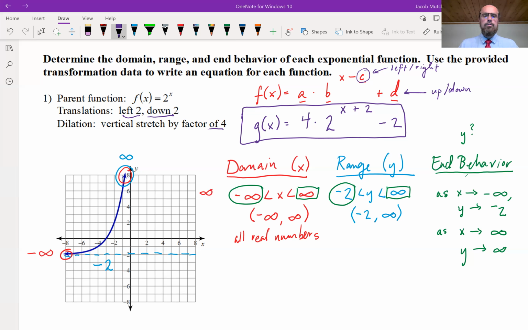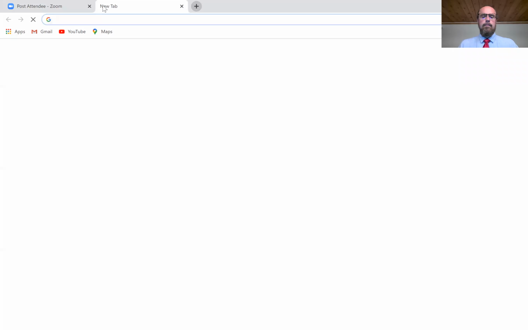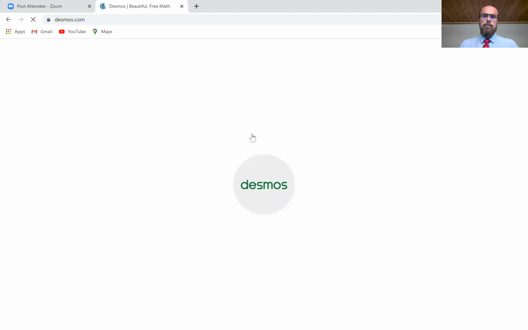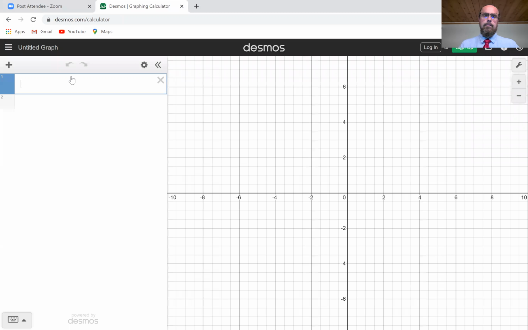So let's go to Desmos really quickly just to check our answer. So we'll type in g of x equals 4 times base 2 to the power, in Desmos you always have to use parentheses for the power, minus 2.